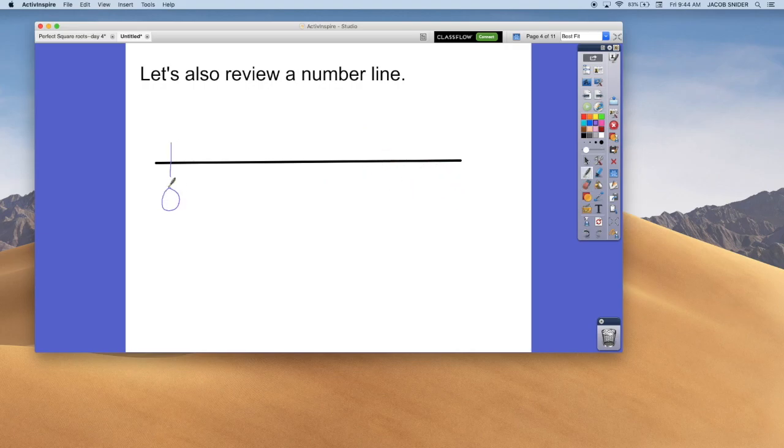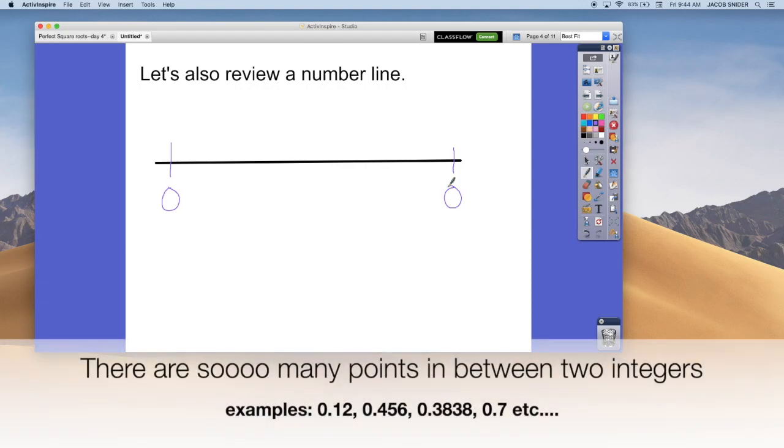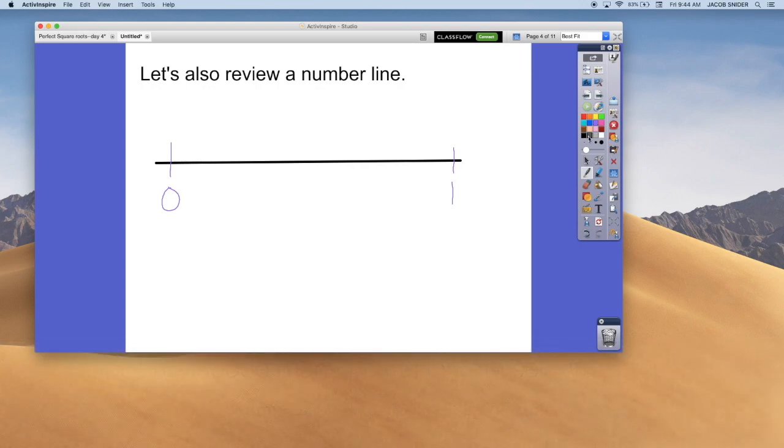So there's 0 and there's 1. Now, what about the points in between 0 and 1? A lot of you might be saying, hey, 0.5, 5/10. Halfway in between is 5/10. But also remember, think of money with me. That would be like 50 cents, and that would be $1.